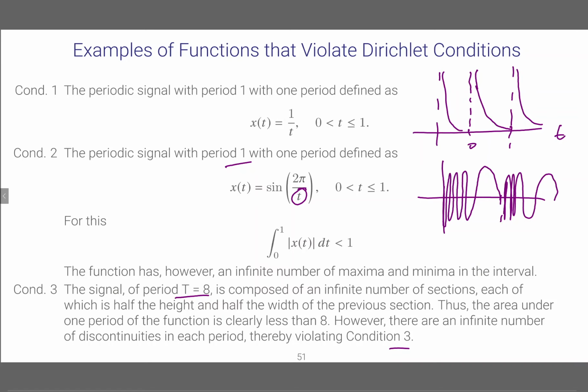This signal is slightly hard to draw. If you take the period as 8, the signal is like this up to here, then like this up to here, and you can see what this means. So in this area there are so many discontinuities up to 8.